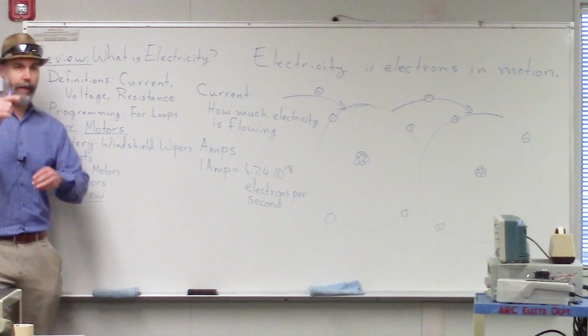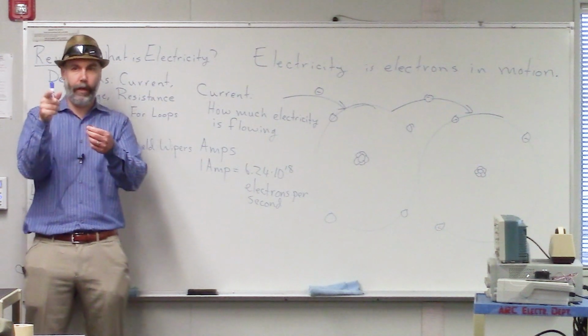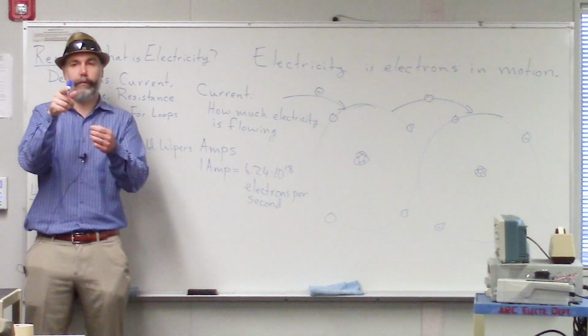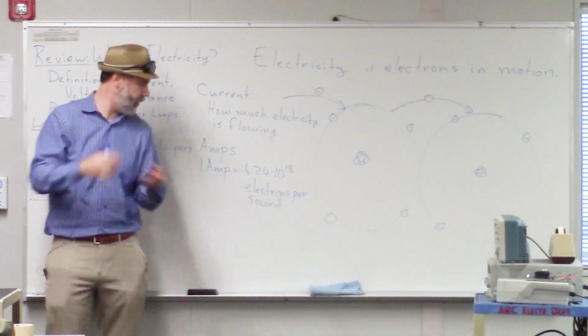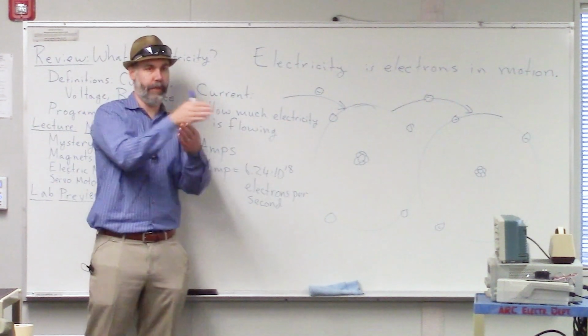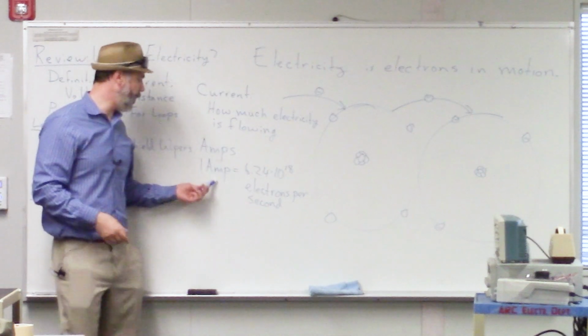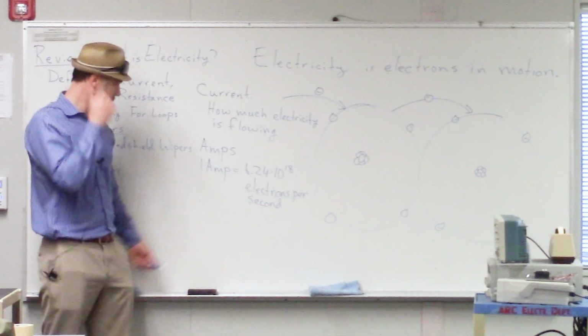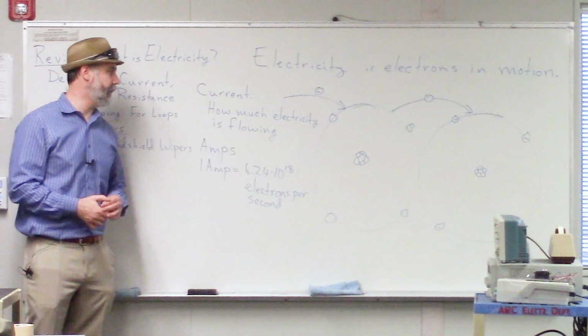So if you were to measure at a particular point in your circuit and you started counting 1, 2, 3, 4, 5, 6.24 quintillion, you'd get up to 6.24 quintillion electrons went past that point every single second. Okay? So that's what 1 amp of current means. So current is how much electricity is flowing.